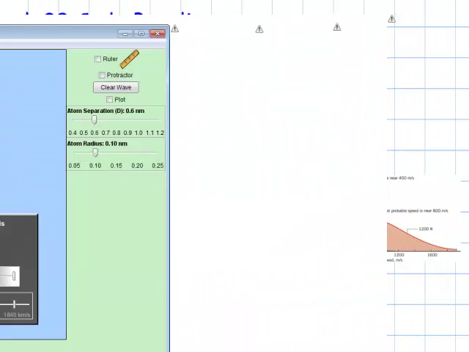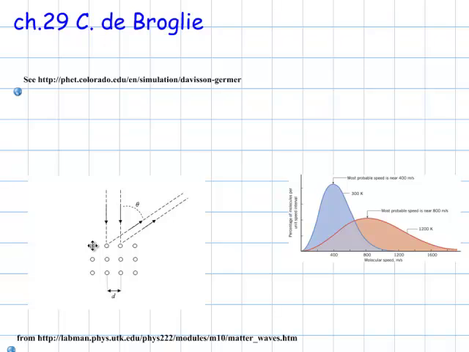Why a crystal? Well, for one thing, the atoms in a crystal are very nicely aligned, very much structured at equal distances. And the other thing is that they are really close together, because their distance in between needs to be on the order of the wavelength of the particles.